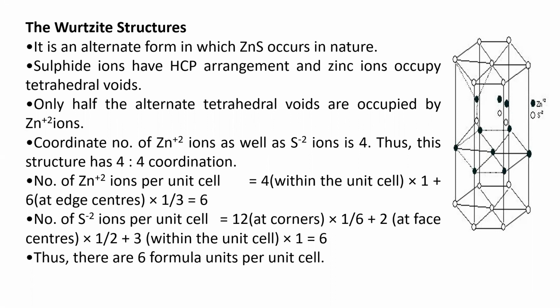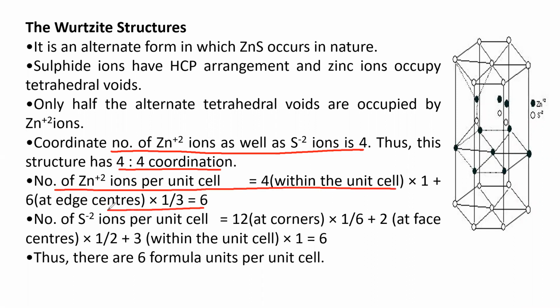And coordination number of zinc ions as well as sulfur ions is 4. Thus, this structure has 4:4 coordination. Number of zinc ions per unit cell is 4 into 1 plus 6 at edge center, so it is equal to 6.